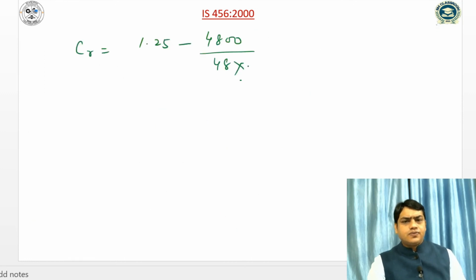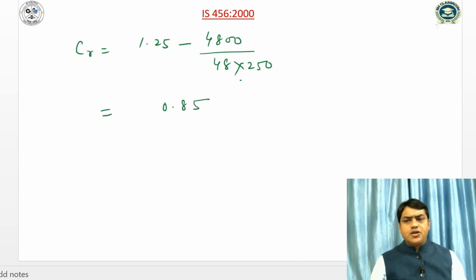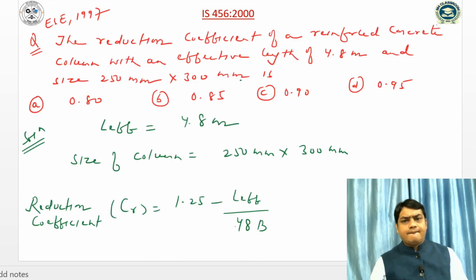So it will be 1.25 minus 4800 divided by 48 into 250. So it is 0.85. So the value of the reduction coefficient is 0.85. B option is correct.